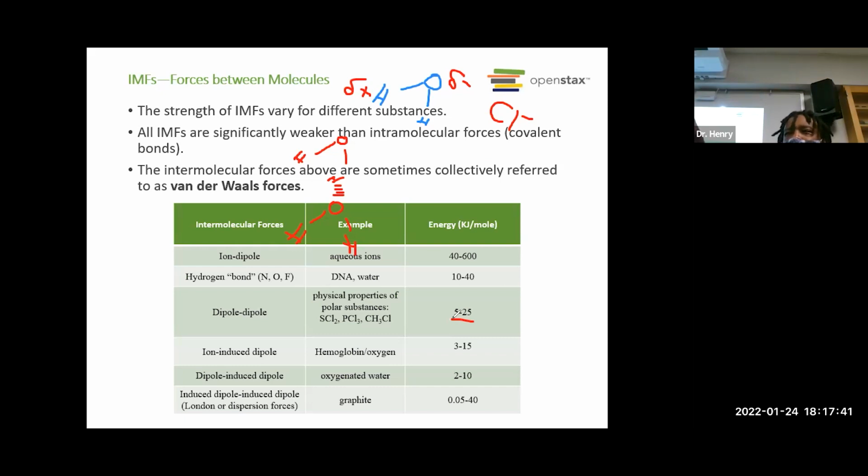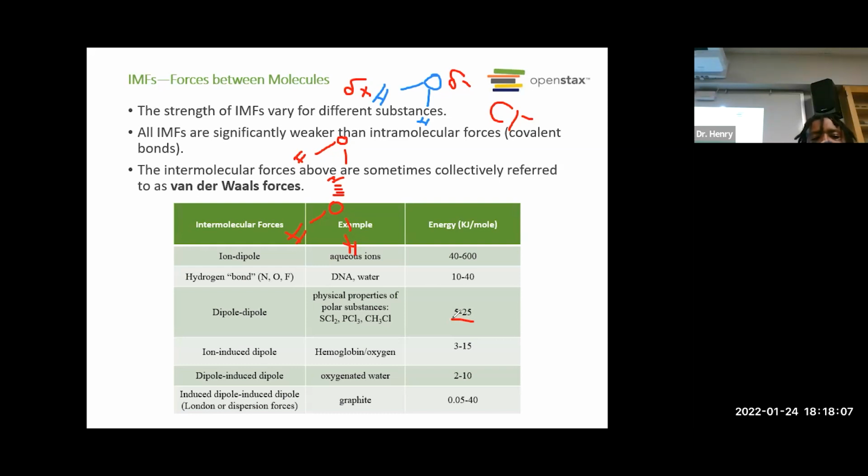It's like you have something that doesn't form a really strong dipole, but you put something positive next to it and it gives it a little bit of a wave. So it kind of induces it to form a dipole. I'll show you examples of this in a second. Those are a little bit weak, they're 3 to 15, right? So they're weaker than the dipole-dipole.